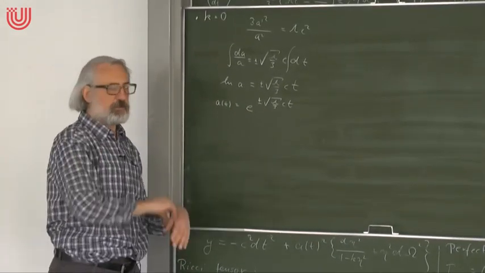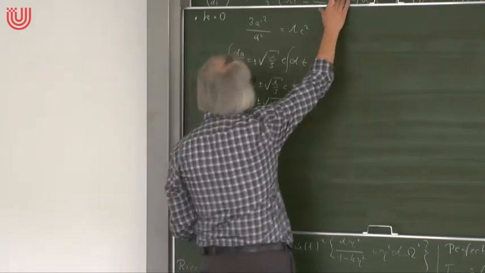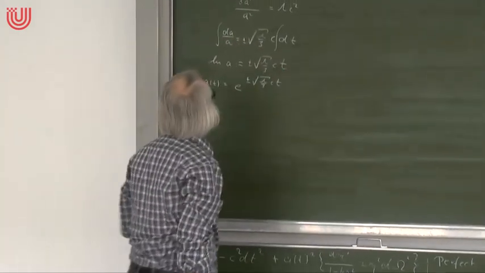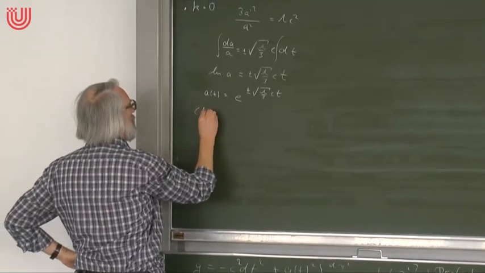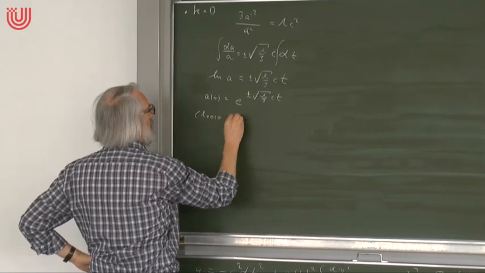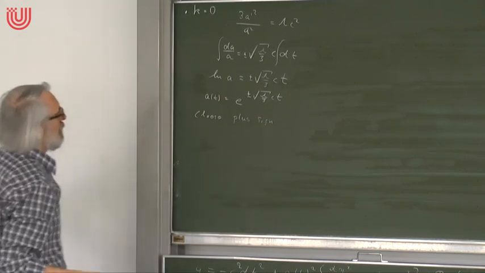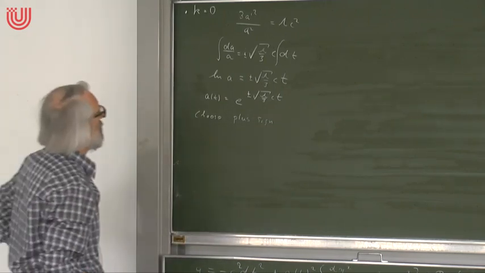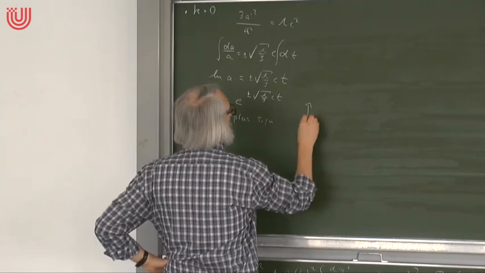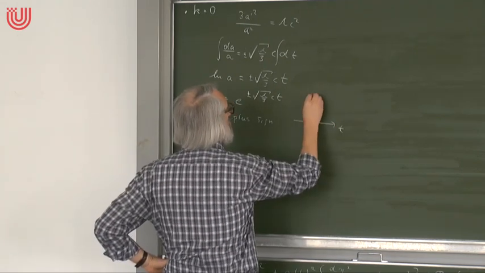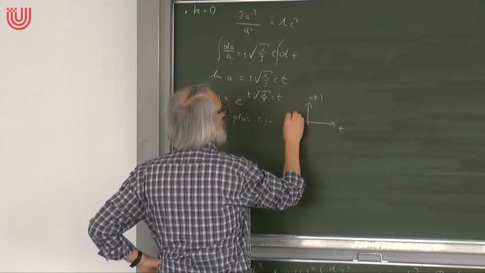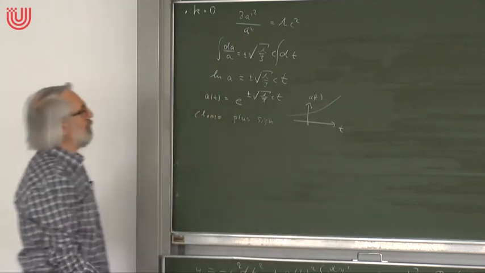Here we just let run the time backwards, and we get the other one. So choose the plus sign. The minus sign is just the time reversed situation. And then the scale factor looks like that. It is exponential growth.